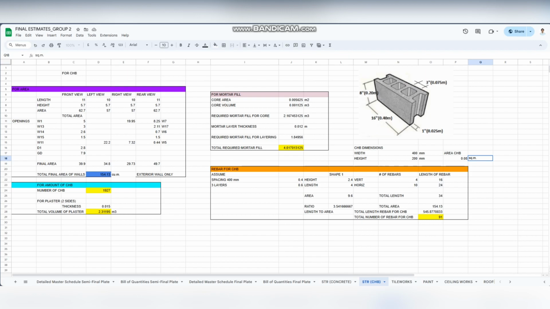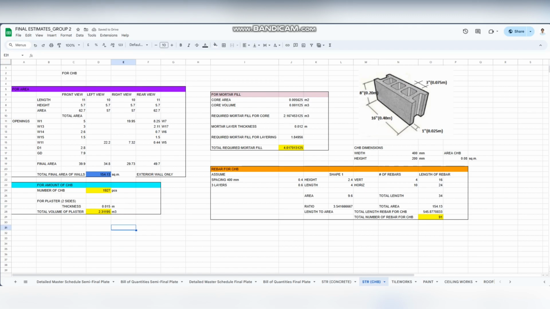Then the total final area of the walls I divided by that, and then we get 19,937 pieces of CHB.